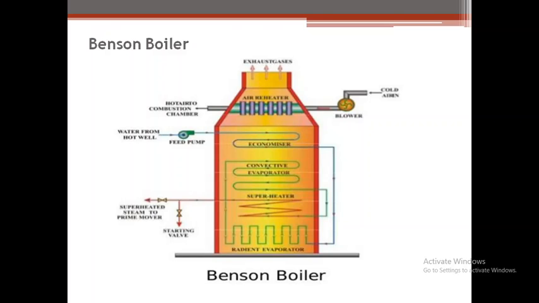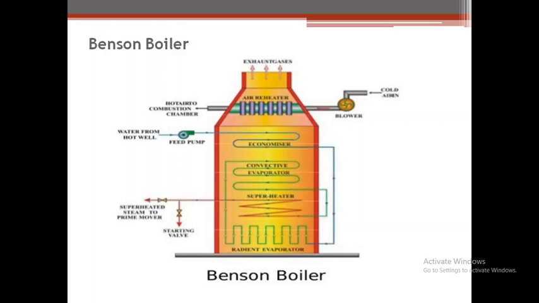Now let us see the disadvantages of this Benson boiler. Due to it being a supercritical type of boiler, its controlling needs to be monitored every time for preventing an explosion.